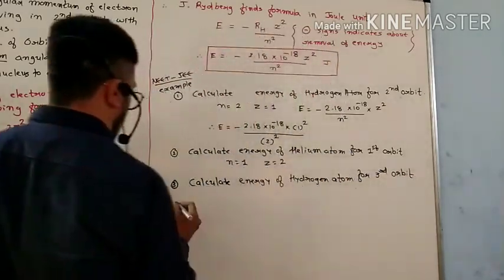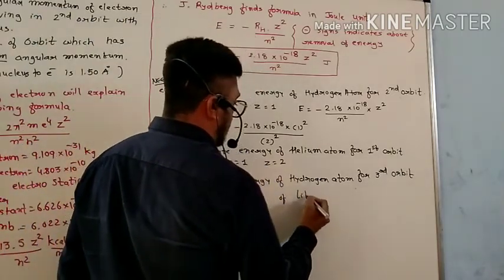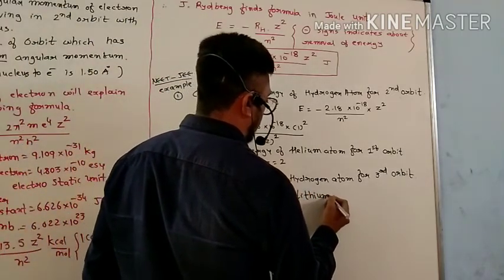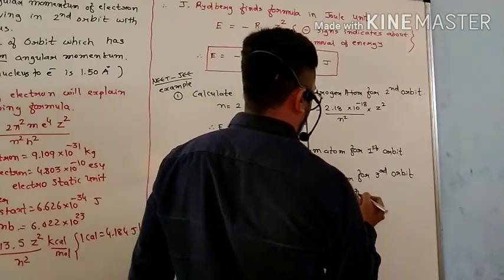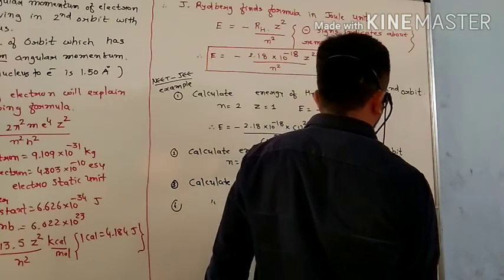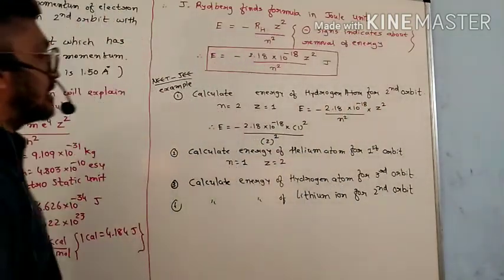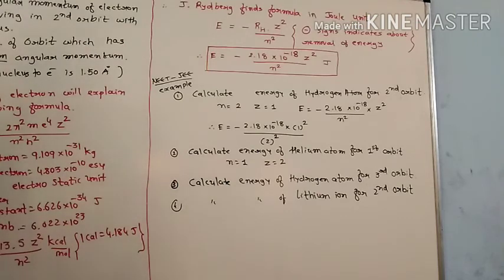And the last one, calculate the energy of a lithium ion for the second orbit. Either it is an ion or an atom, you have to calculate. Z is equal to 1, 2, 3, 4, and so on. So for the second orbit, n is equal to 2. This is again an important numerical based on this formula.